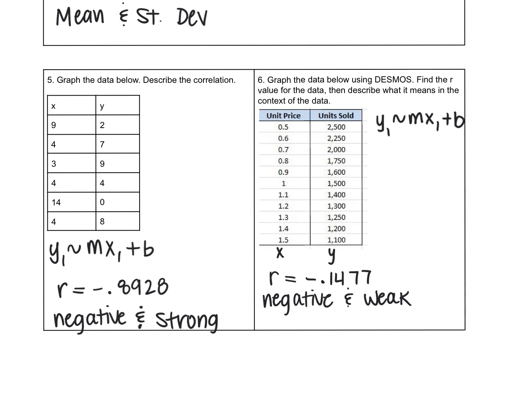So there's a negative and weak relationship between unit price and units sold. So it basically means the more expensive the unit is, the fewer units are sold. But there's not a very strong relationship between the two.